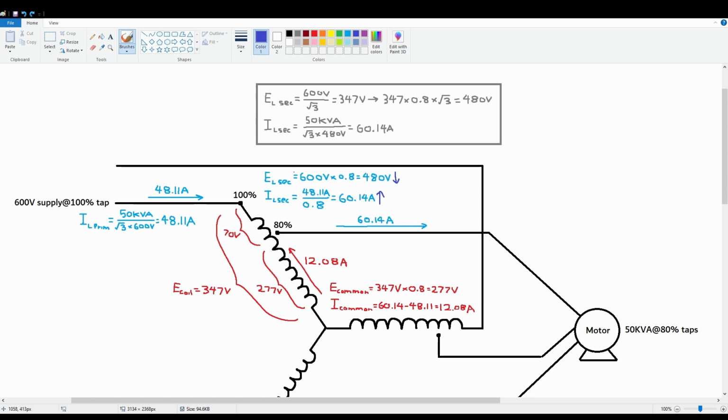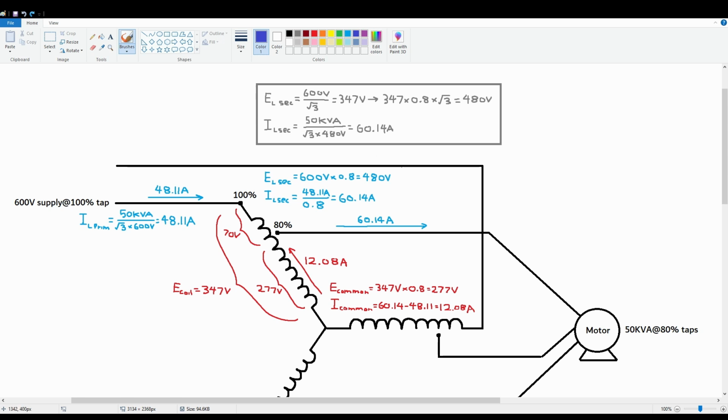They both have to be equal. So we do the opposite of our voltage. Instead of multiplying, we divide. Our primary side line current was 48.11 amps, so 48.11 amps divided by 80% gives us 60.14 amps. And that's our line current on our secondary side.